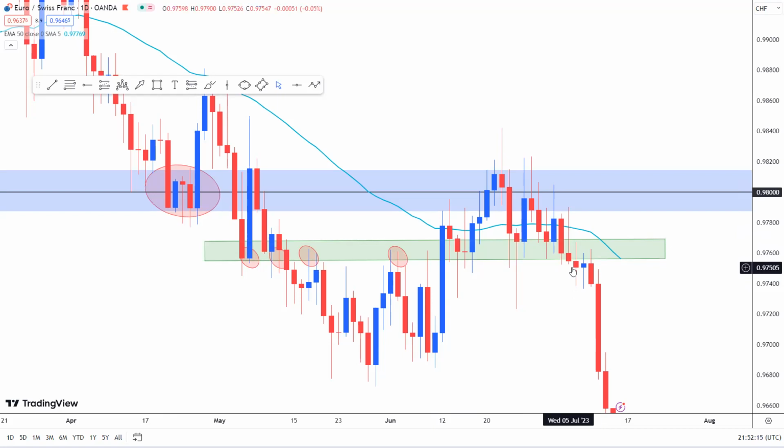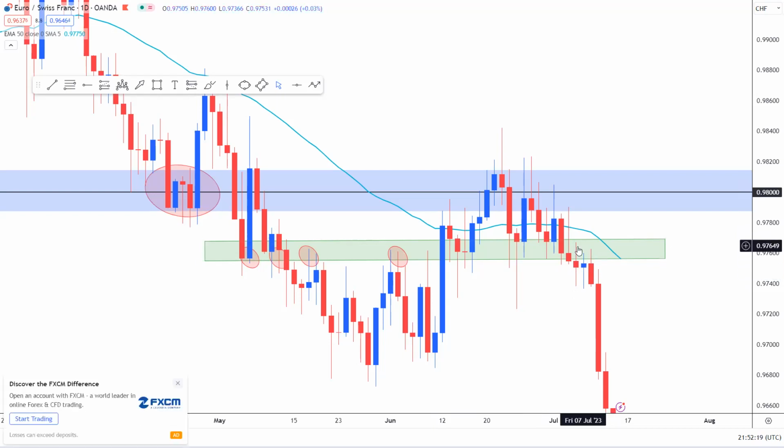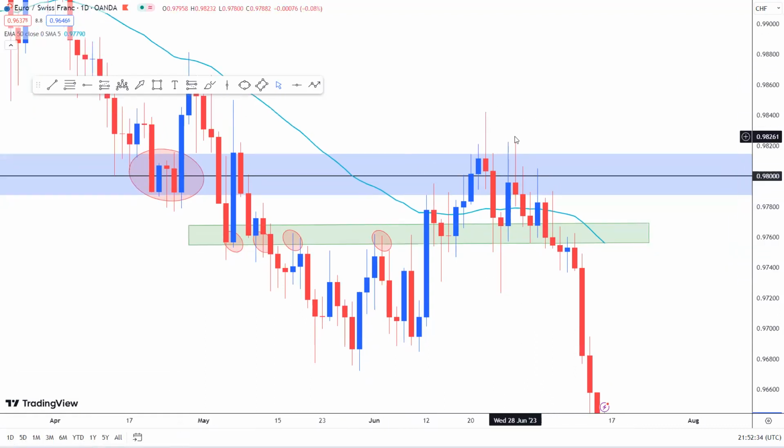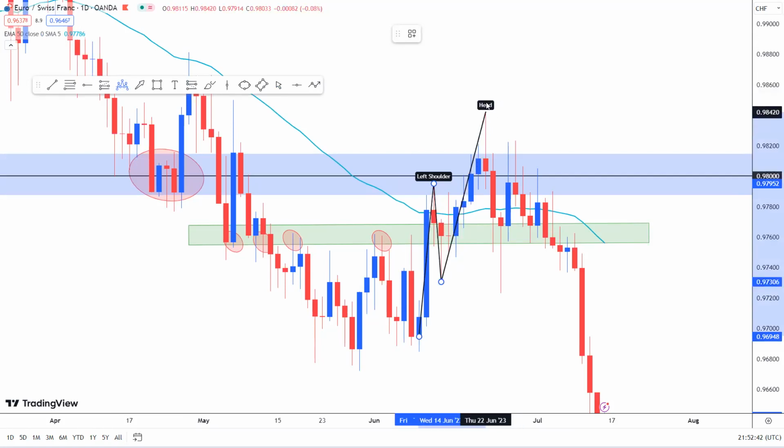And because we're below the level, in this case, we're expecting that as soon as we test the level, it is very much going to act as a resistance. We're below the level right here. Also confirming the structure shift from the daily time frame perspective is the fact that we see price form a daily head and shoulder pattern.